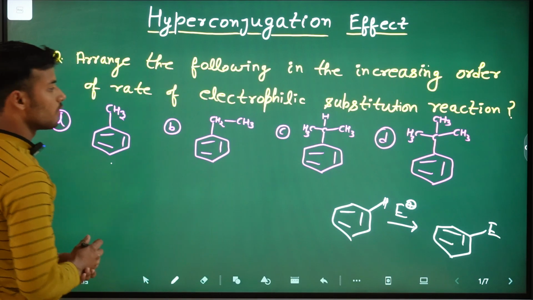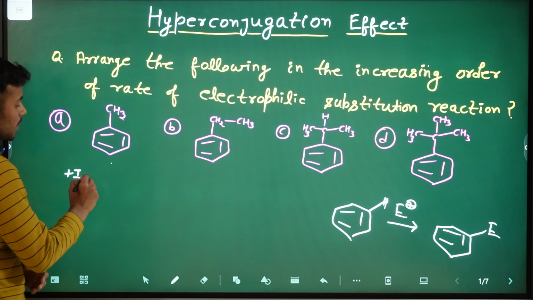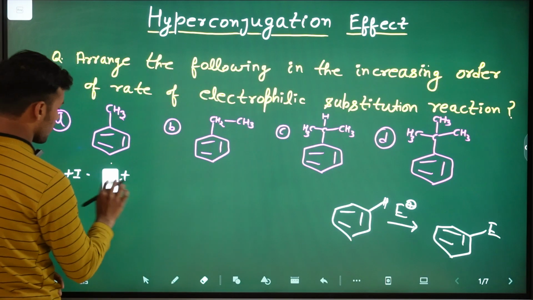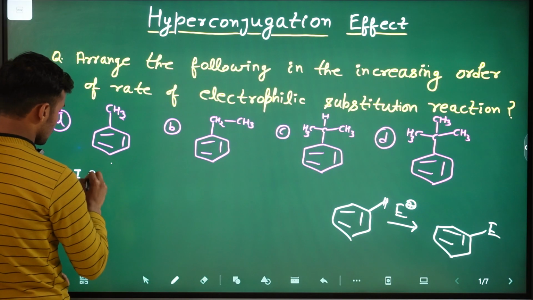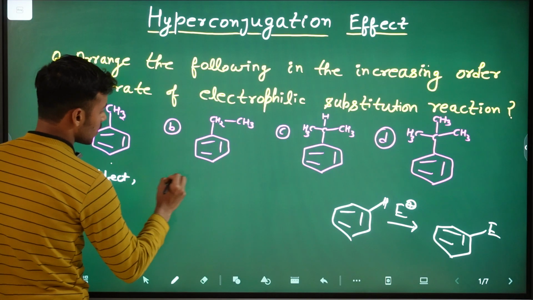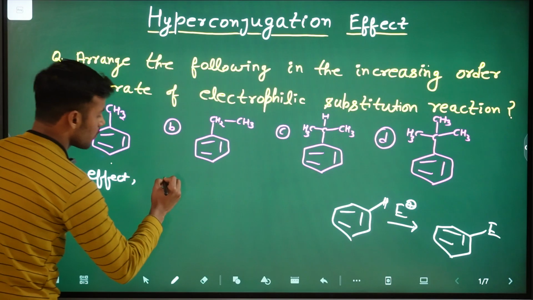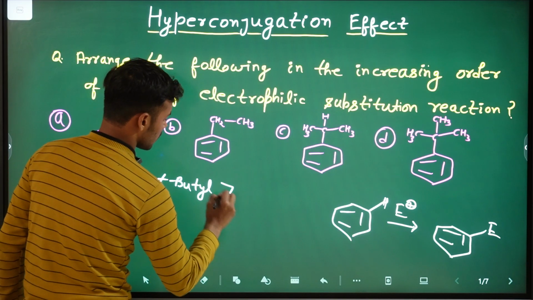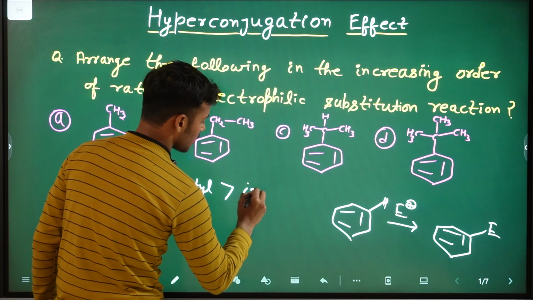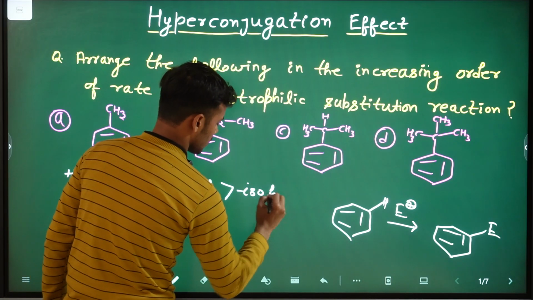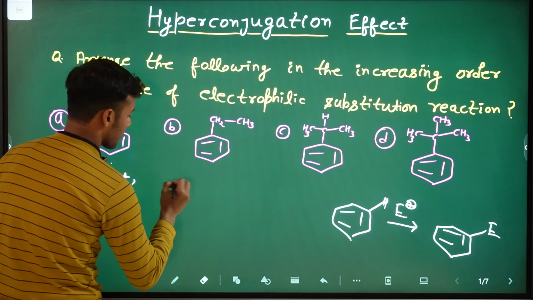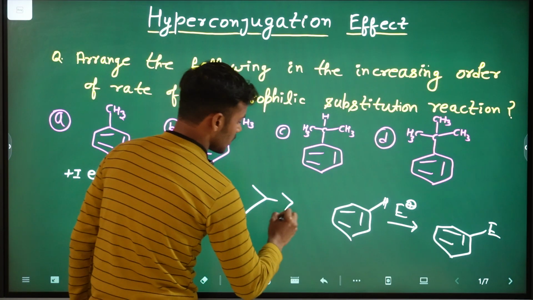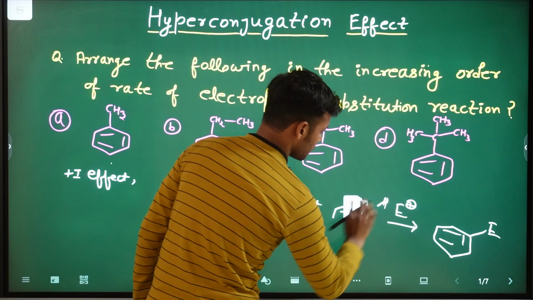On the basis of the plus I effect, we know the order of plus I effect among these: the T-butyl group has the highest plus I effect, then isopropyl, then ethyl group, then methyl group.